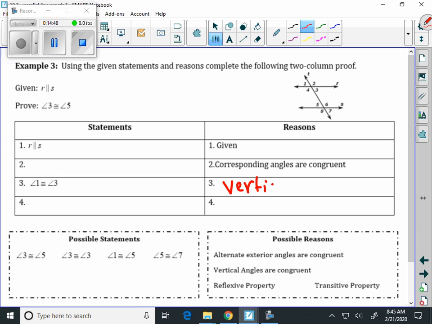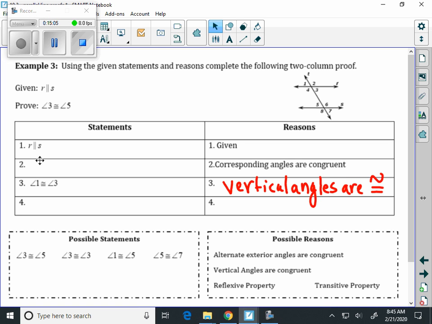What we see is that these are vertical angles, are congruent. And since we've already used angle 3 in that statement, when we go back to step 2, what I really need to do is I need to pick something with the angle 5.